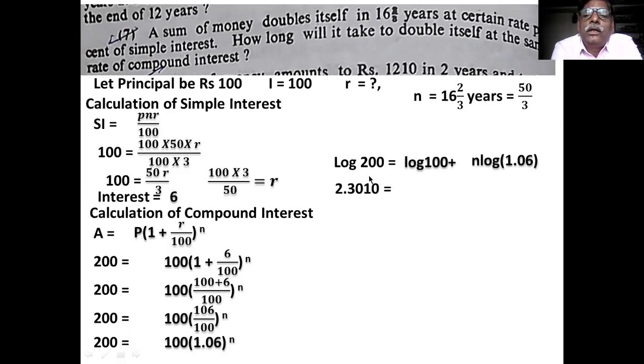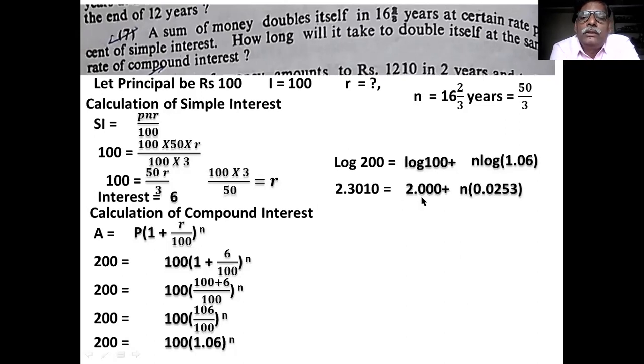So log 200 is 2.3010. Log 100 is 2.000. 2 is the characteristic. Log values: log 200 equals log 100 plus N log 1.06. The log value of 1.06 is 0.0253.